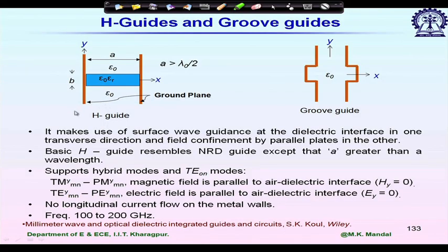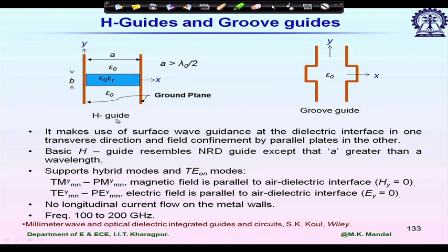This is H-guide. It looks similar to NRD, but the plate separation A in air is more than lambda naught by 2. For NRD, A in air is less than lambda naught by 2. So, basically we are increasing the cross sectional volume, that is how we are decreasing loss.